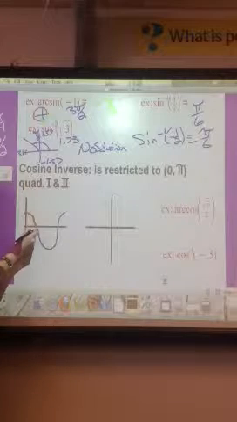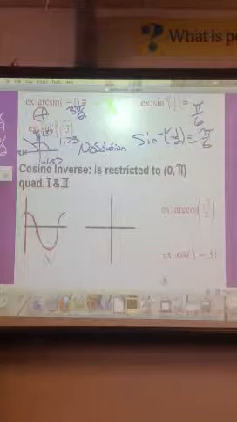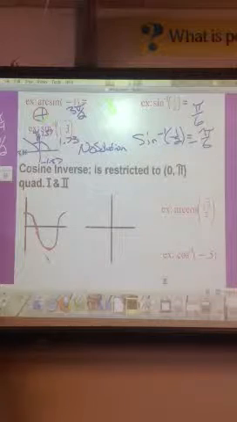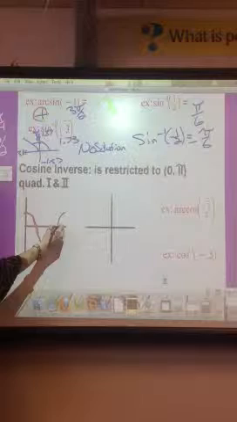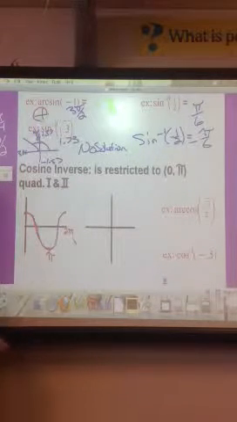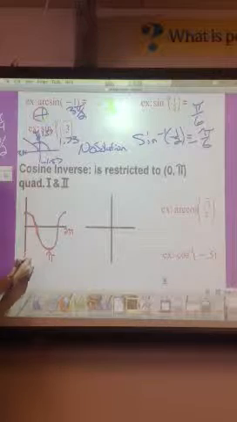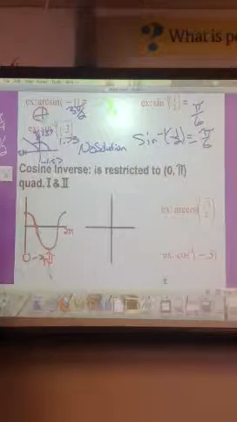As you're going down, down, down, oh, right there, at negative 1. Keep in mind, this is half a pi, this is pi, this is 1.5 pi, and here's 2 pi, isn't it? So as long as your graph falls between 0 and pi, you're good.